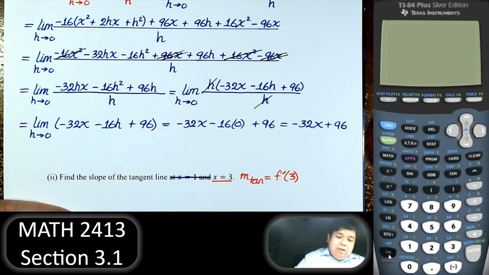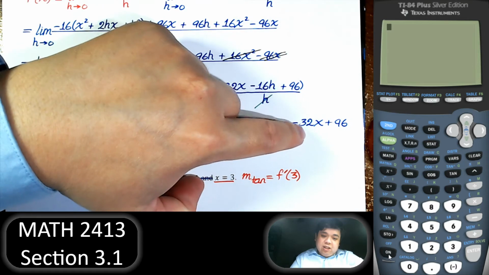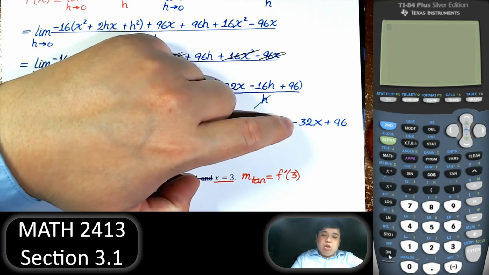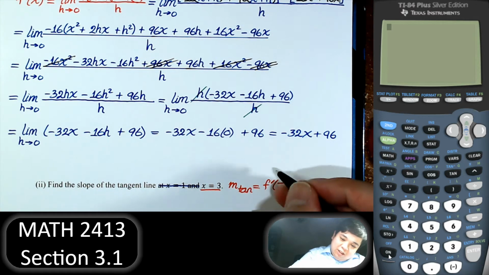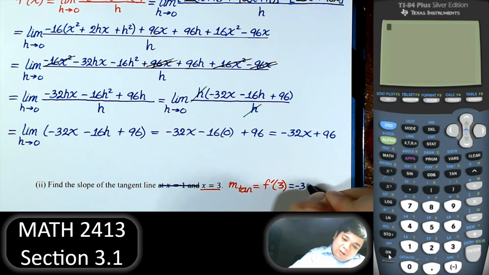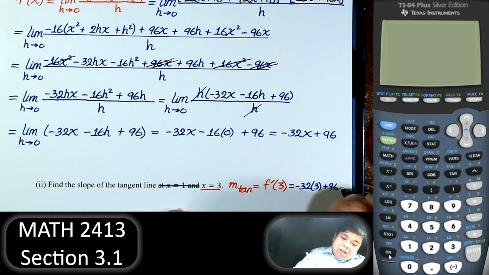So we have the derivative, which is the function of the slope pretty much. Put 3 in for x, and we have negative 96 plus 96, that is 0.